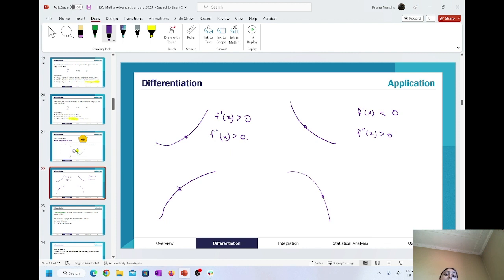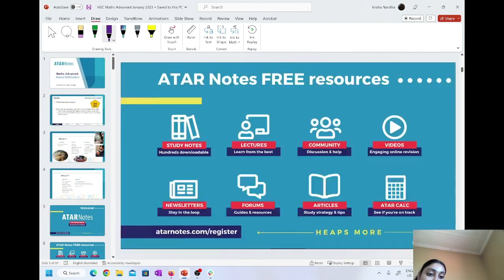So it's going concave down like a frown. Sorry, increasing still, and a negative concavity. And over here, we're decreasing, and we're decreasing at an increased rate. So we're concave down like so.